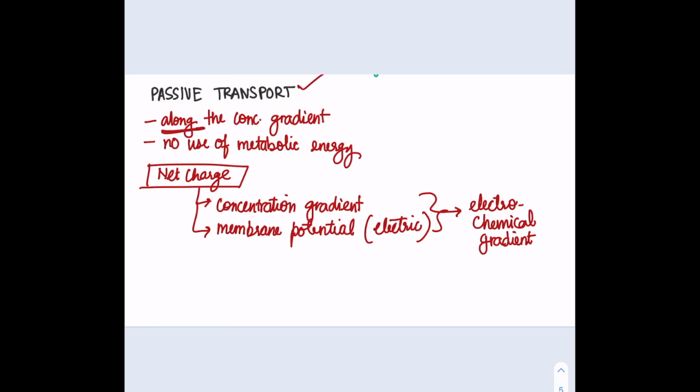That means solutes moving from a higher concentration to a lower concentration, thereby moving through a gradient. And there is no use of metabolic energy by the cell, which is usually ATP, the cell's currency. Also, the net charged molecules are transported along the concentration gradient and the membrane potential.